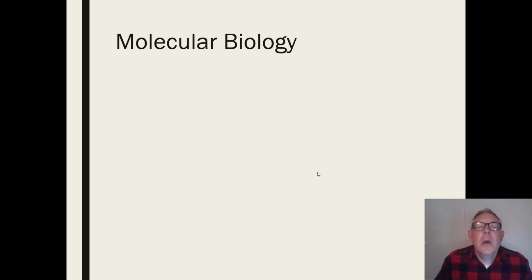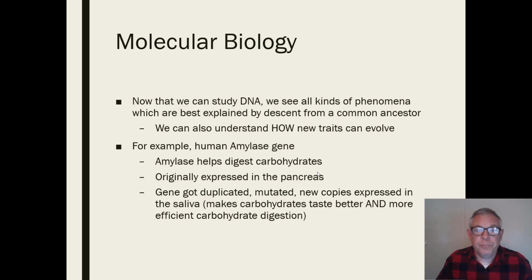Okay. Next type of evidence we want to talk about is molecular biology. Of course, Darwin was not able to do this, but now that we can measure and study DNA in detail, we've learned a lot, and it all supports this idea of descent with modification.